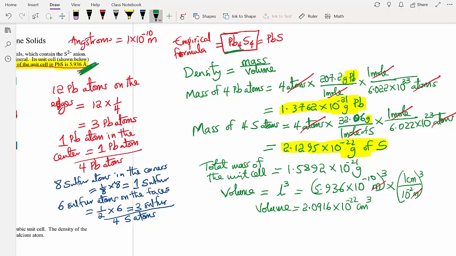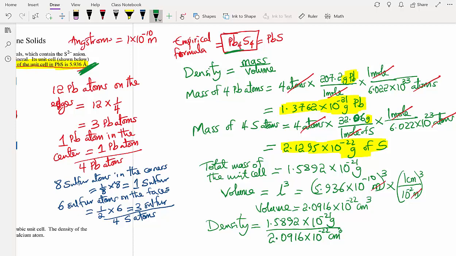Now we can calculate the density because we know the mass and we know the volume. So density will be equal to the mass, which we calculated as 1.5892 times 10 to negative 21 grams, divided by the volume, which we got as 2.0916 times 10 to negative 22 cubic centimeter.